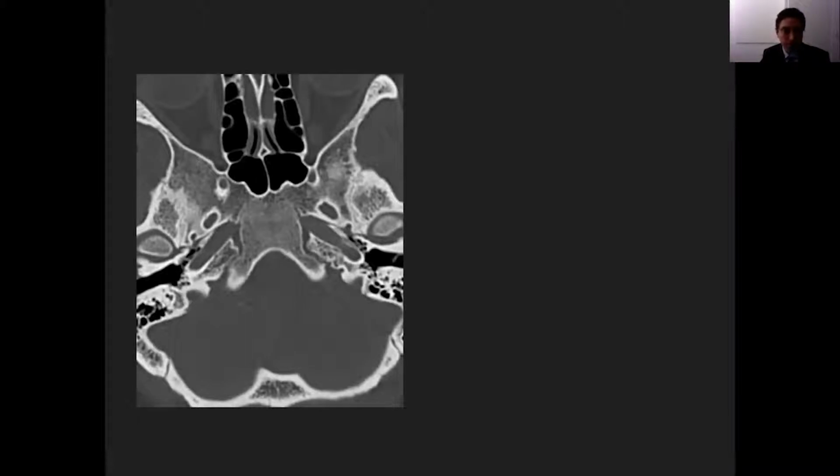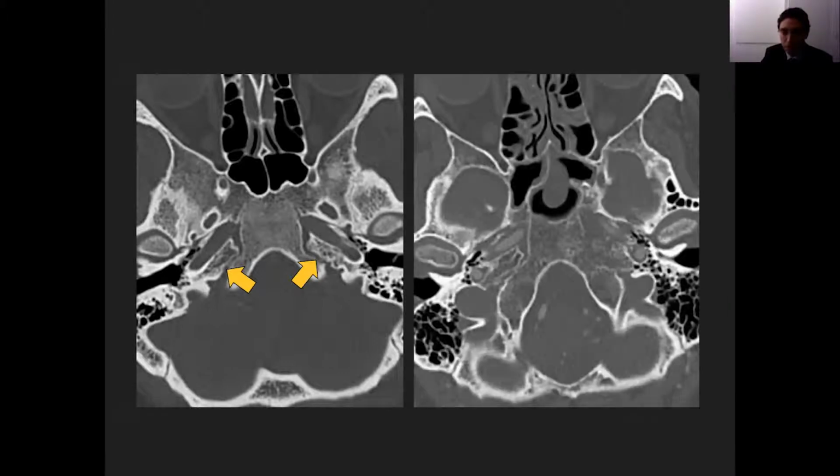Chondrosarcomas characteristically occur at the petroclival sutures or petroclival synchondrosis, as we can see here in this normal CT, which is showing the petroclival synchondrosis bilaterally, compared to this case of a patient with a chondrosarcoma on the left side, where we can see this infiltrative erosive lesion that involves the petroclival synchondrosis and extends to surround the internal carotid artery canal.